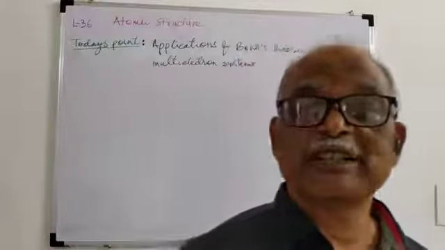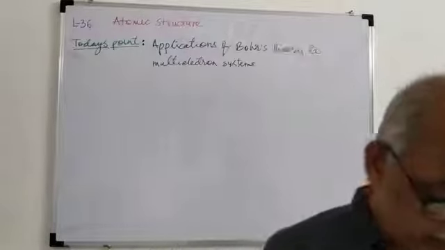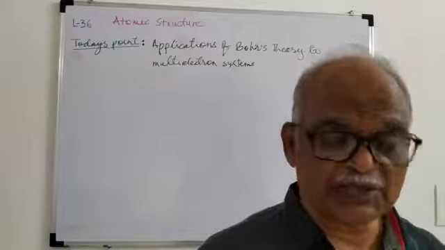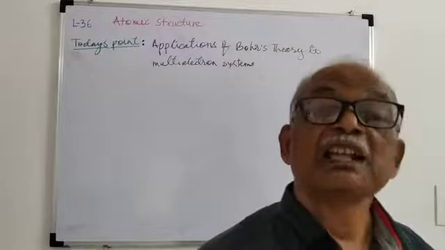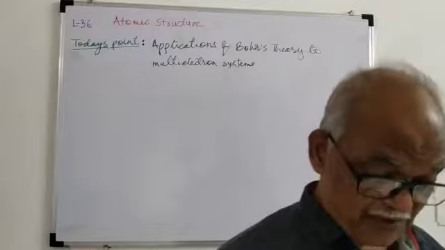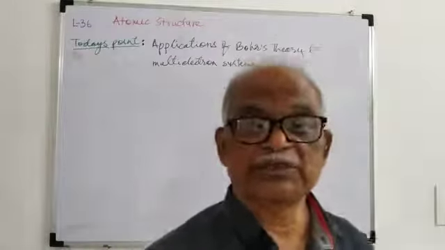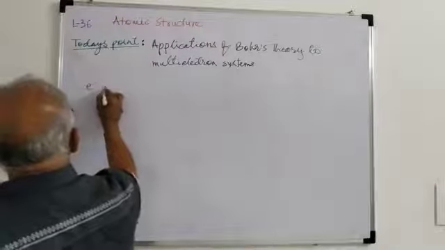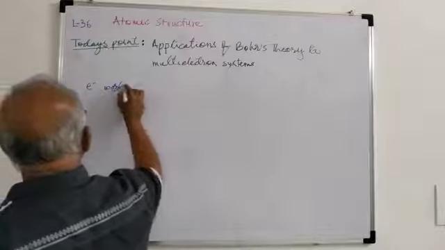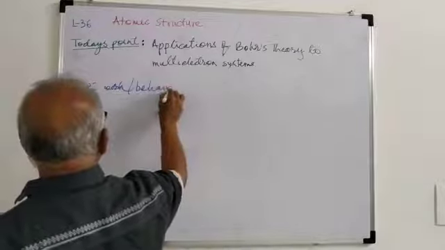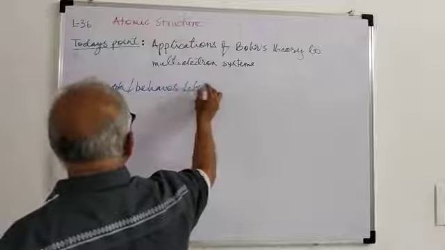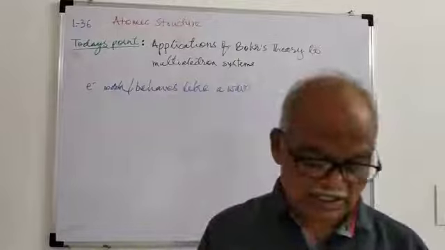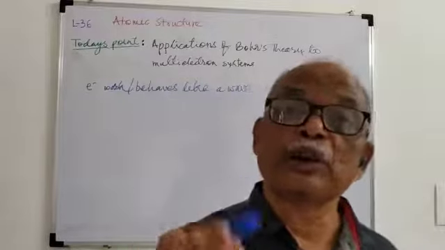It may not be like a particle. So we must consider that the electron can have a wave nature. The electron behaves like a wave, meaning it shows the properties of a wave also.